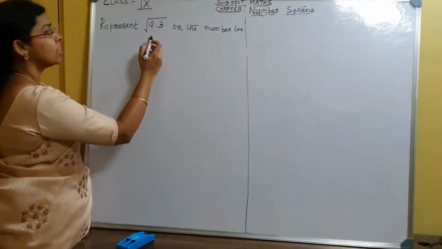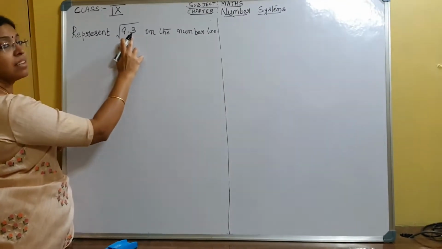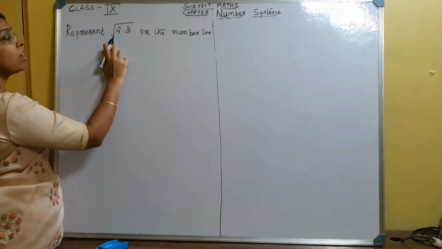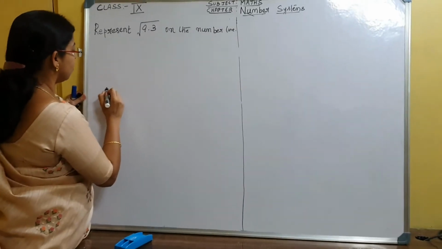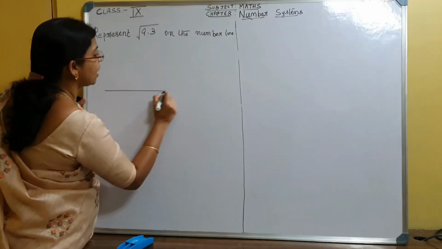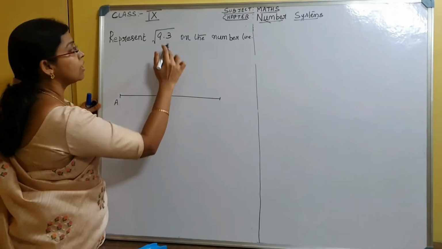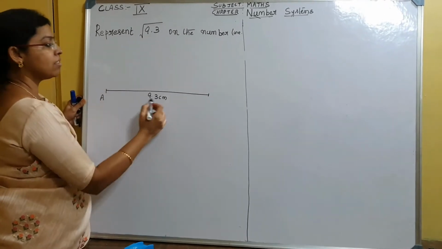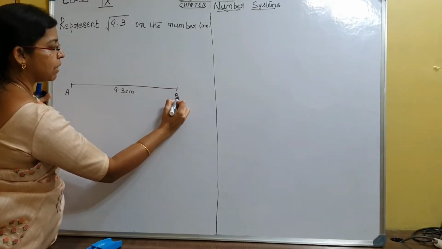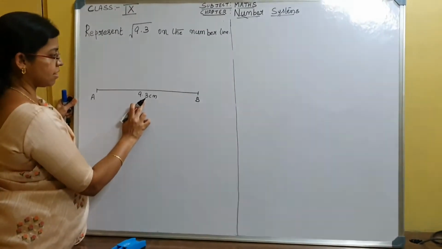Now we will see how we construct this. It is also an irrational number, but it is a decimal number inside the root, 9.3. Square root of 9.3 on the number line. How can we represent it? For this, draw a line segment AB measuring 9.3 centimeter.